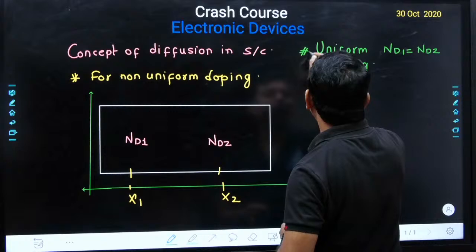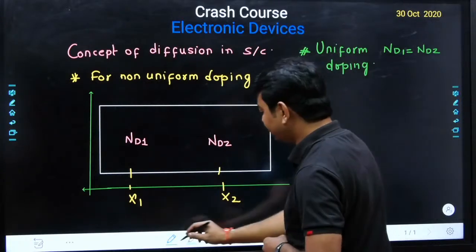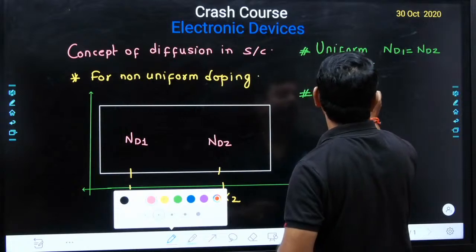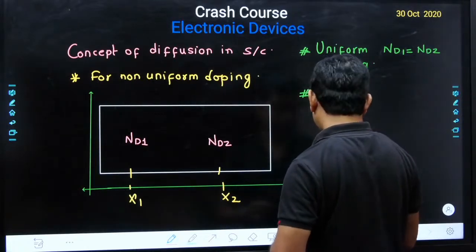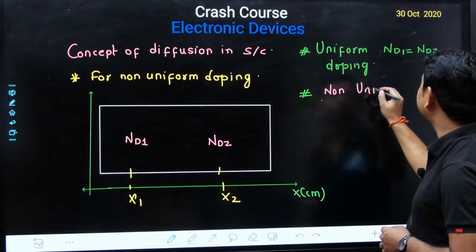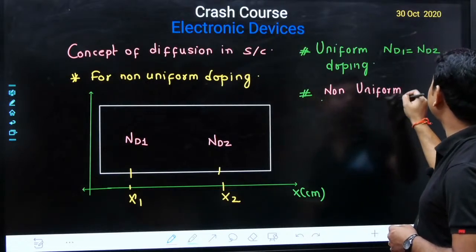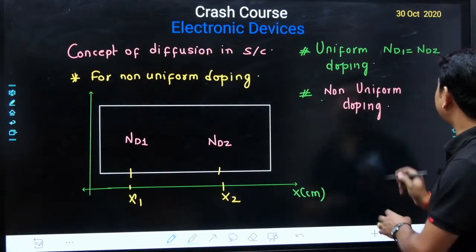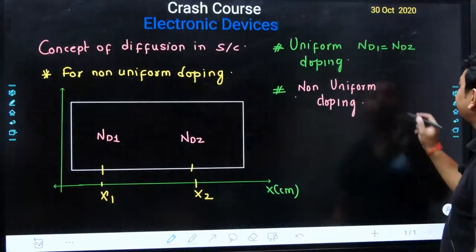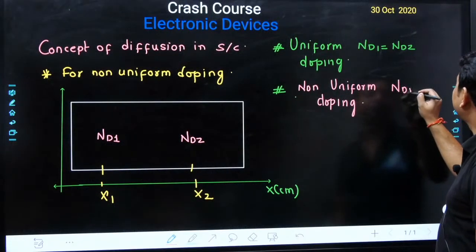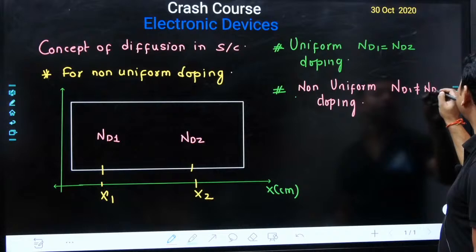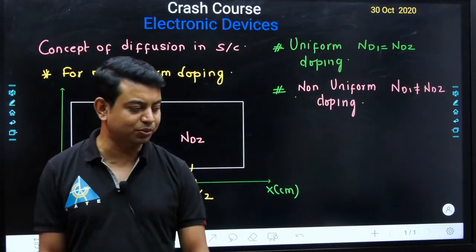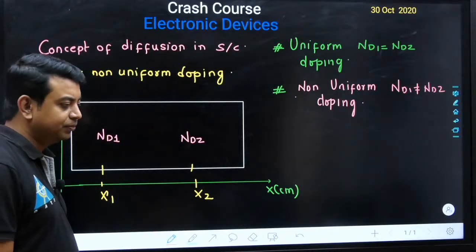And secondly, for non-uniform doping concentration, I can say that ND1 is not equal to ND2. So this is called non-uniform doping. So suppose this semiconductor is non-uniformly doped, then what will happen?